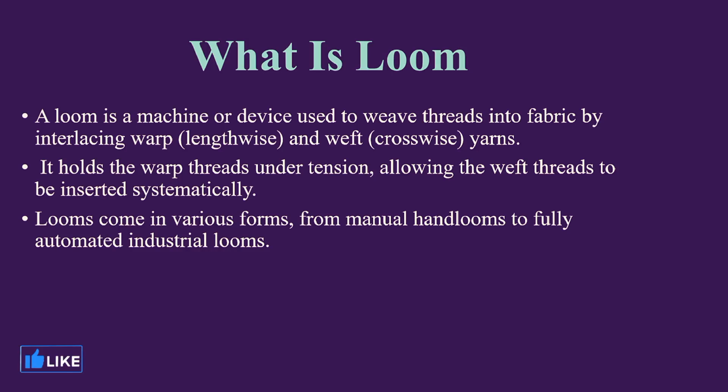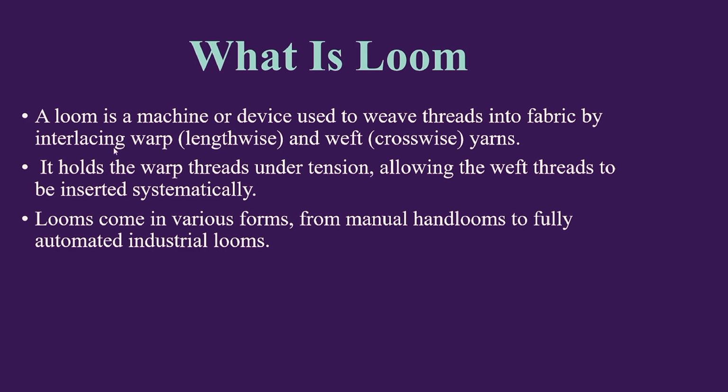What is loom? Loom is a machine or a device used to weave threads into fabric by interlacing warp and weft yarns. Warp is a lengthwise yarn, and weft is crosswise or widthwise yarn.